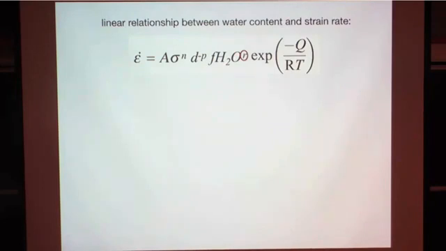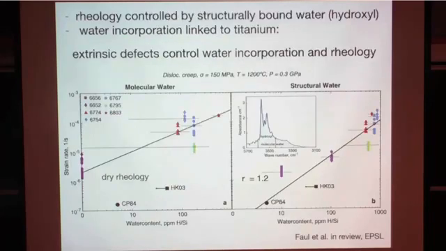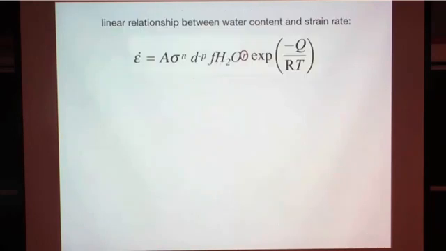And this is the exponent, and the exponent turns out to be near 1. It's 1.2, but if you look at the scatter of the data, it might as well be 1, so that's within the error of the measurement. So we have a linear dependence of strain rate on water content.